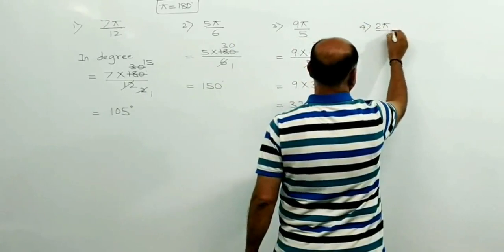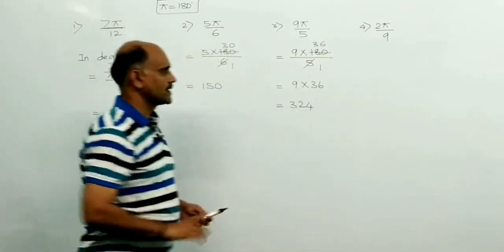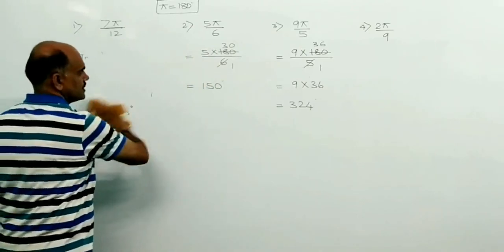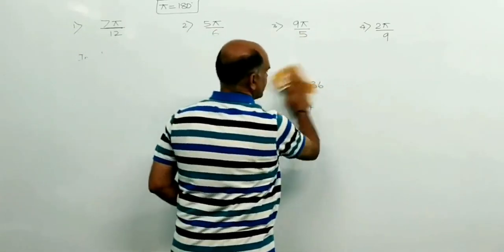Now next, if I take 2 pi by 9, fourth you can try. Again in place of pi, you substitute 180 degree.